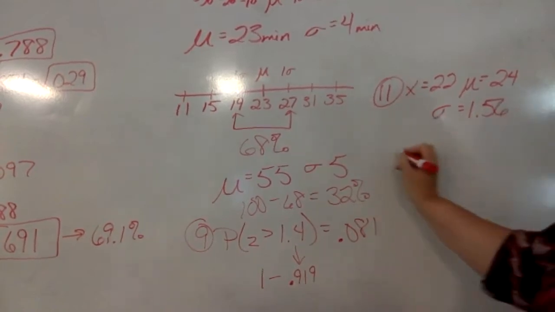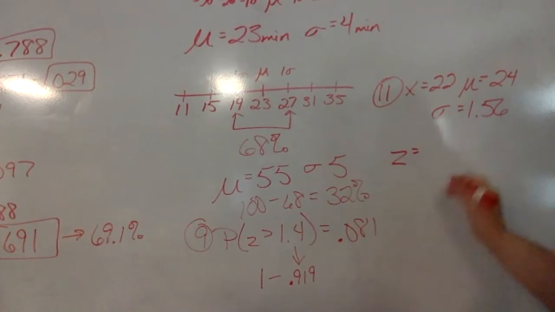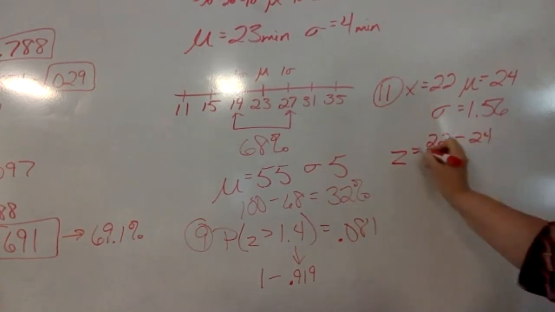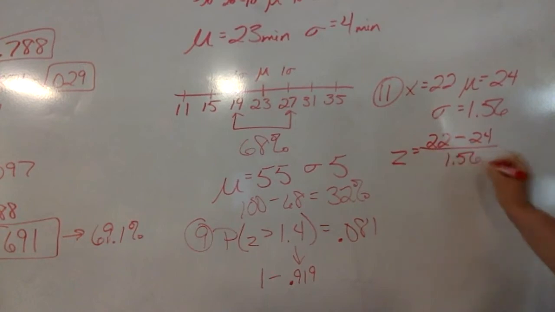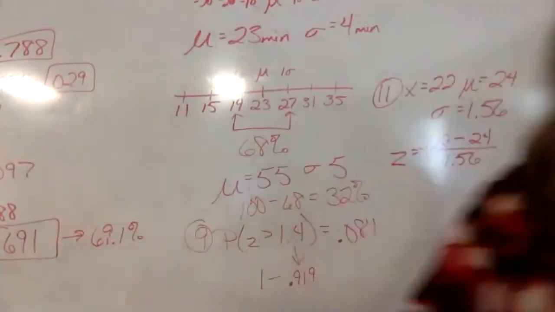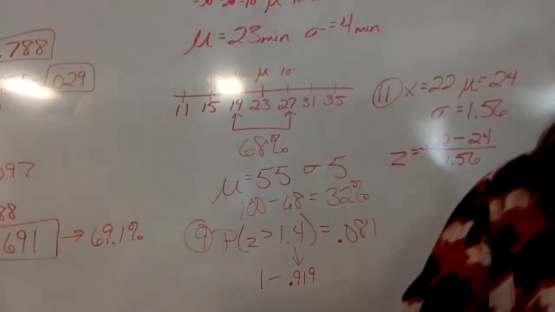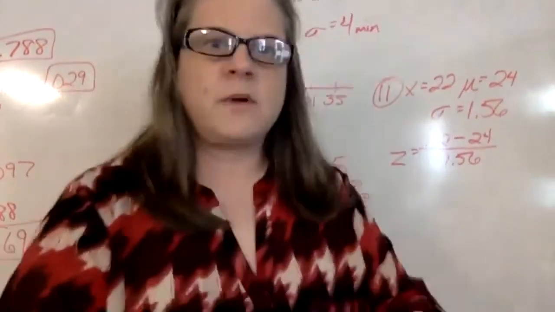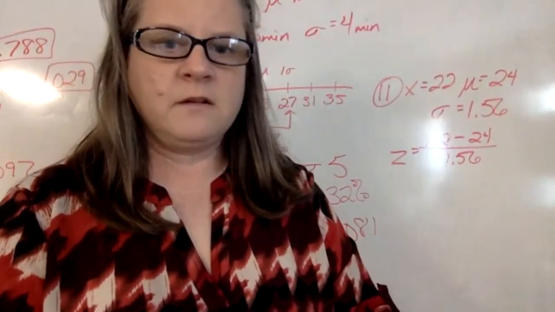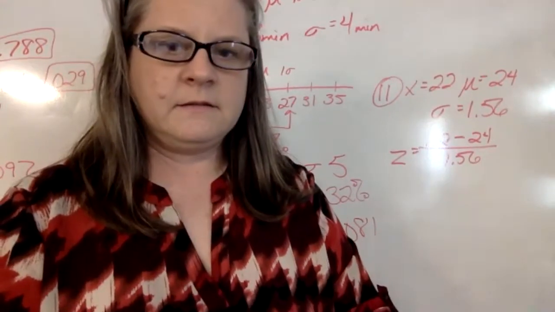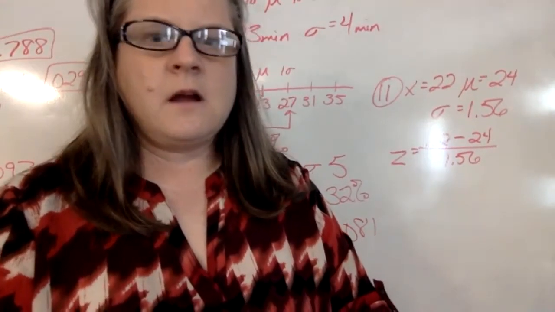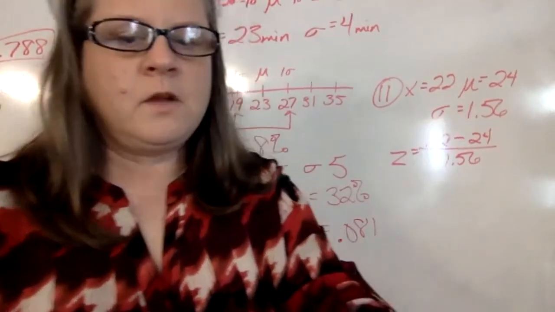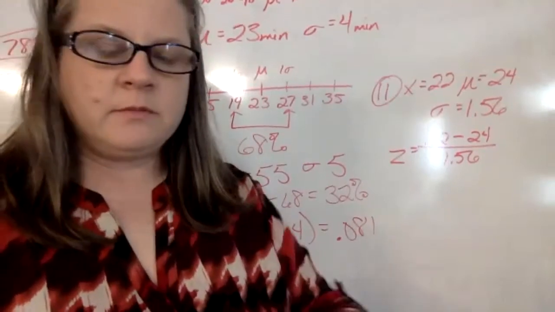Okay, so my formula for my z-score is x minus the mean divided by the standard deviation. So this is what we got. Everybody with me? All right, so when we're looking at this, we're going to subtract the top, right?